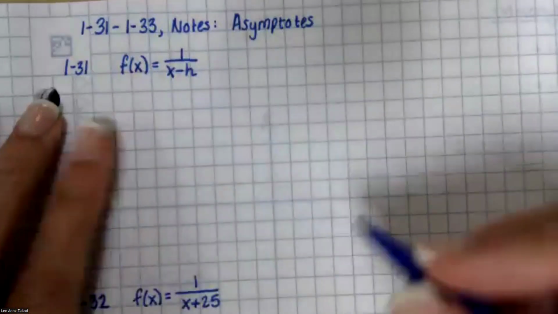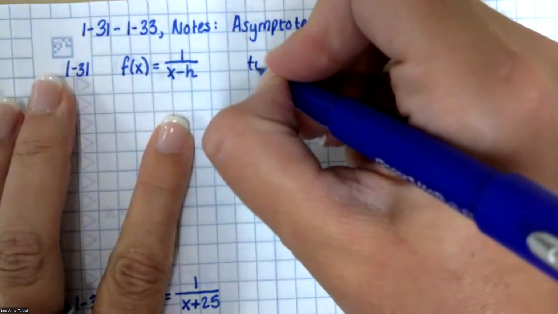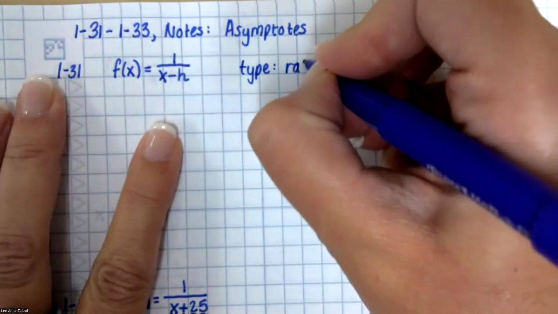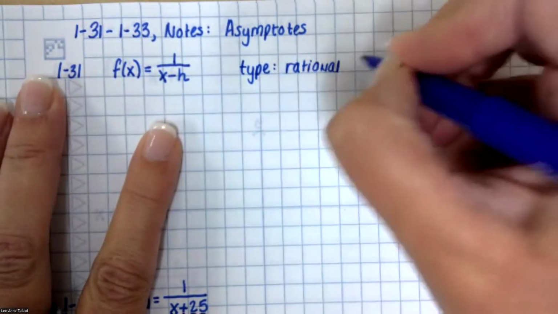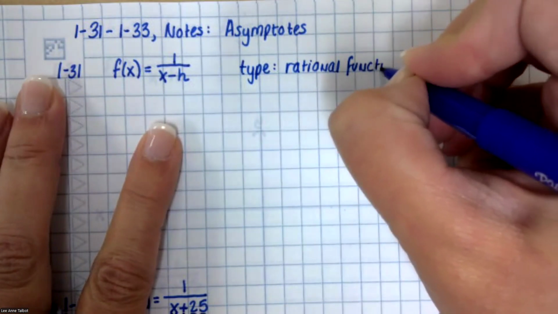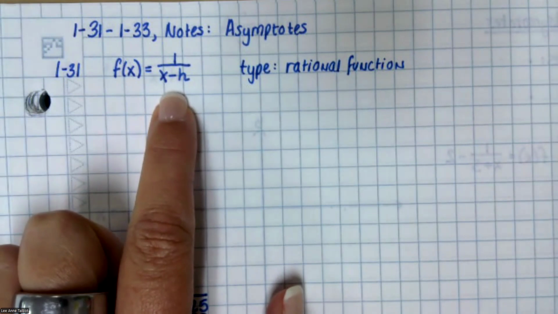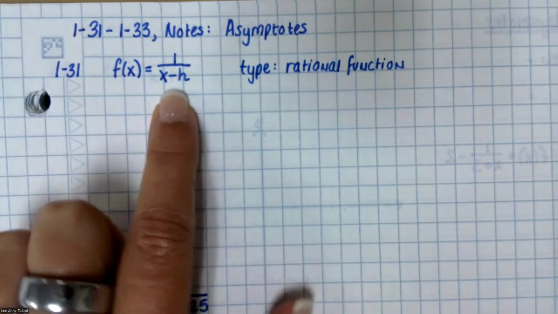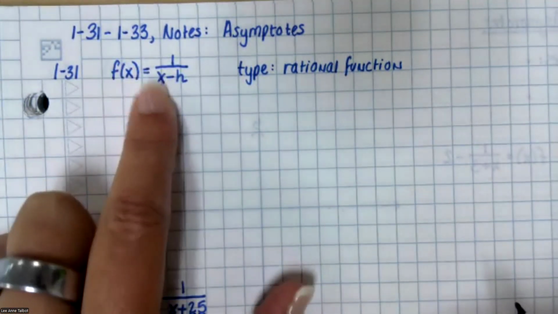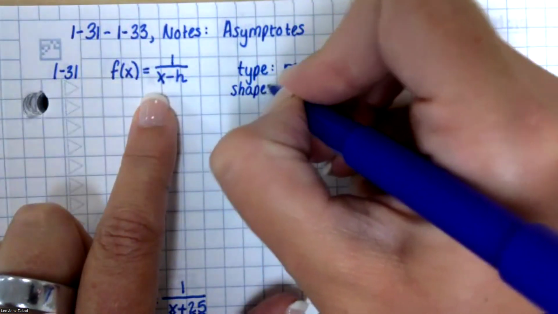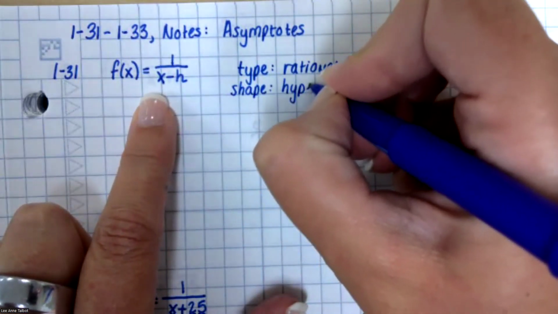The first thing I'm going to say is that I know the type is a rational function. I'm hoping that you'll be able to recognize that it's a rational function from the way that it looks. I mean, the equation, not the graph. The shape is called a hyperbola.